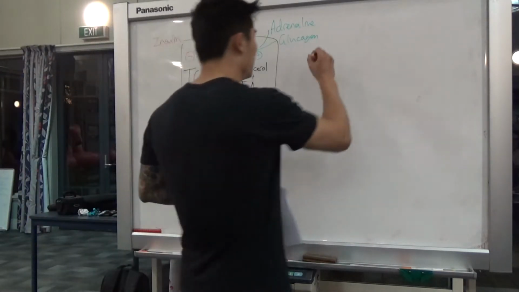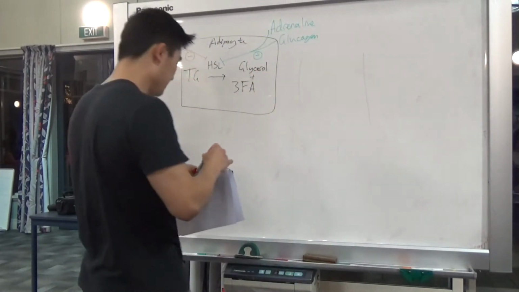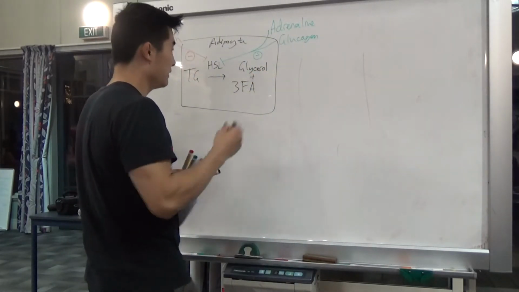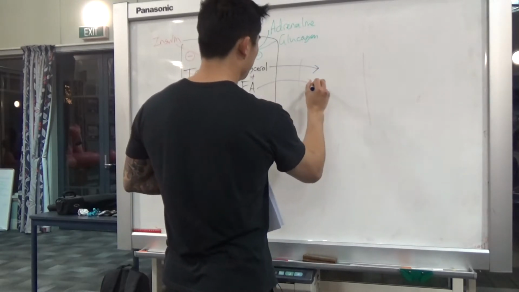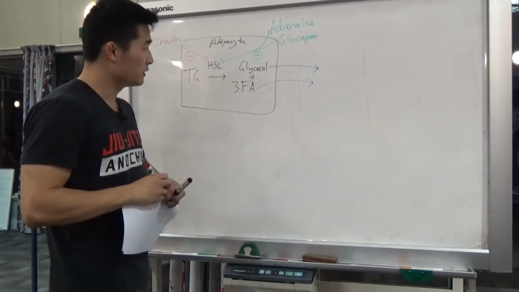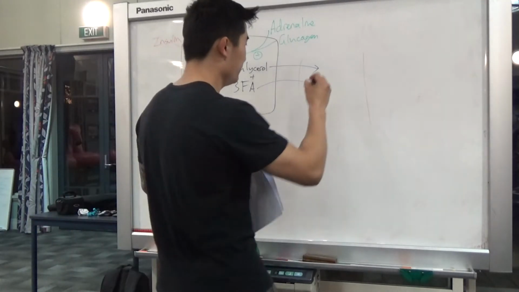So then you have the bloodstream, and glycerol and fatty acids are going to diffuse into the bloodstream.